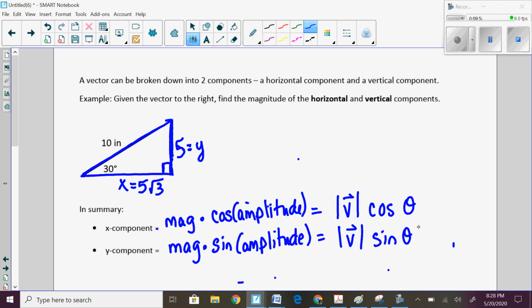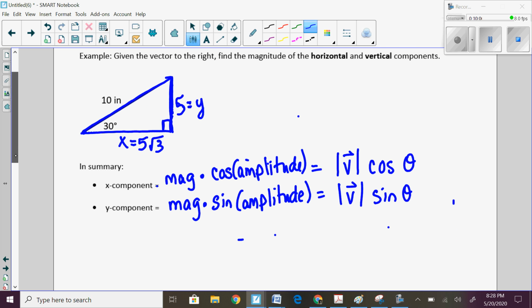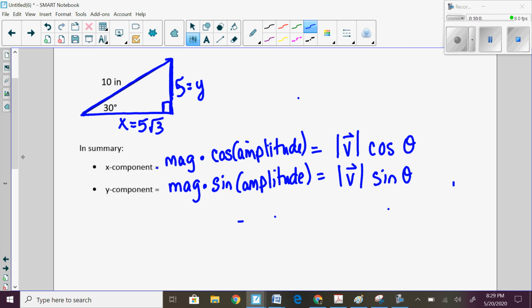All right, so what does that mean for this problem? And again, we'll pretend we didn't know that these values are 5 and 5 root 3. We could have calculated them with the little formula that we got. So 10, because that's the magnitude of the vector, times the cosine of 30.